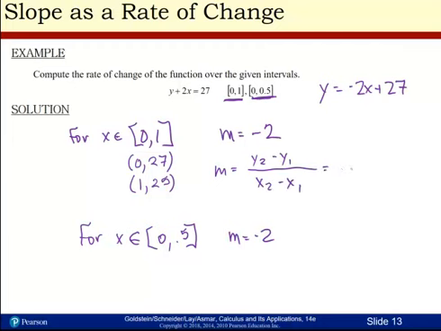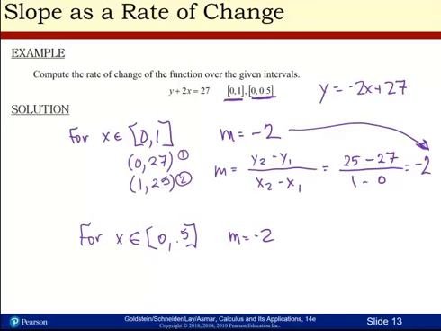Plug all of that in, and I would say 25 minus 27 over 1 minus 0. If I compute this, I will get -2, which we already knew.